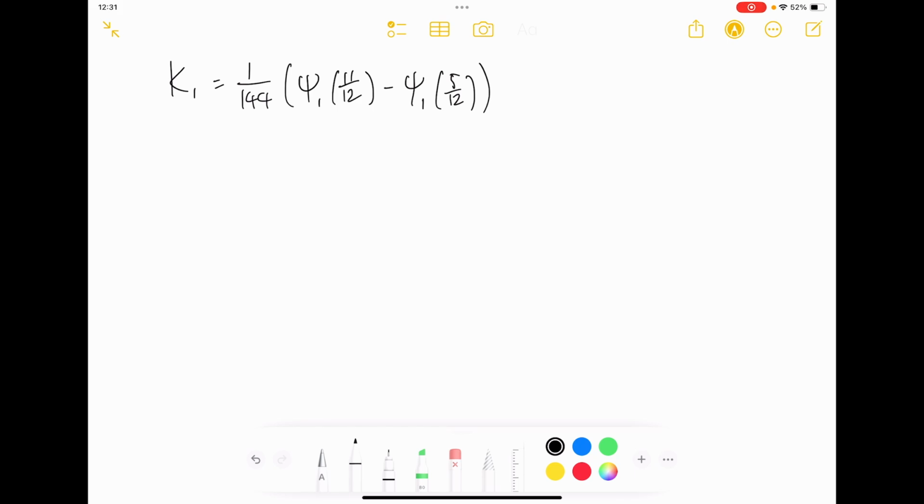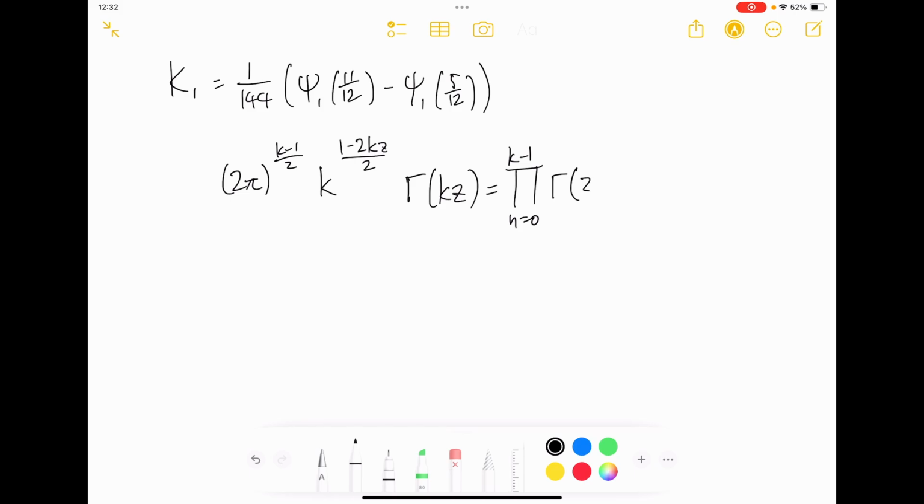So, this is the formula. Quite complicated. 2 pi to the (k minus 1) over 2 times k to the (1 minus 2kz) over 2 times gamma of kz is equal to the product from n equals 0 to k minus 1 of the gamma function evaluated at z plus n over k.